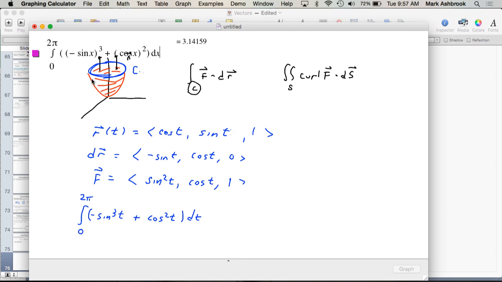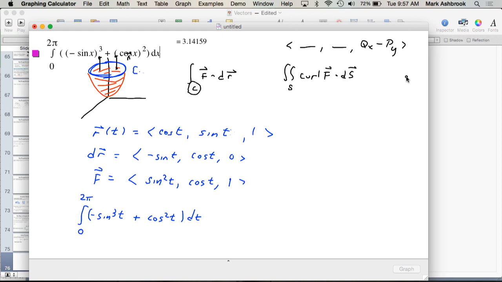You can't do it with Green's theorem because it's similar. Actually, Stokes' theorem is Green's theorem in 3 dimensions, right? Remember, the z component of the curl is qx minus py.